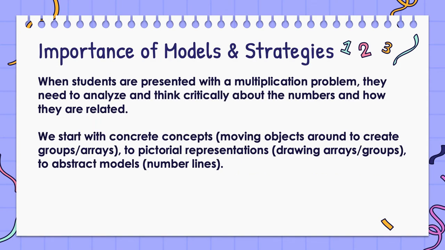When students are presented with multiplication problems, they need to analyze and think critically about the numbers and how they are related. We start with concrete concepts, which is moving objects around to create groups and arrays, to pictorial representations, which is when they draw arrays and groups, and then move on to the abstract models, which is number lines and other strategies that they learn throughout the year.